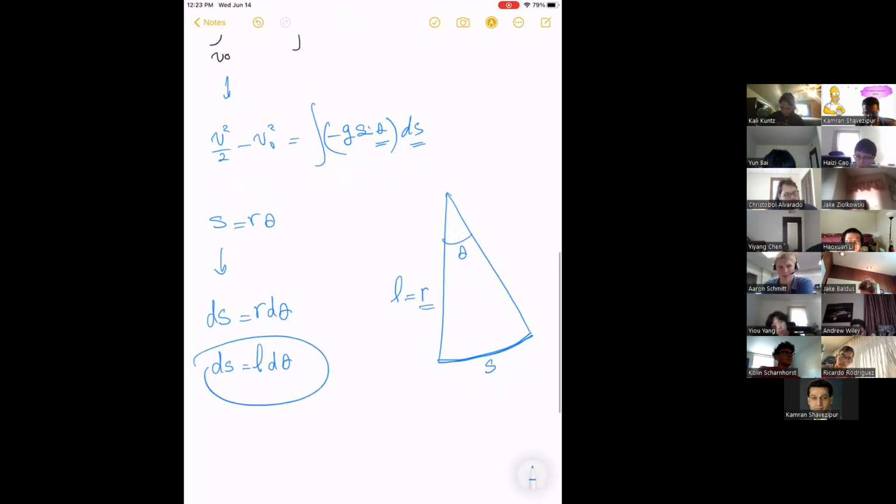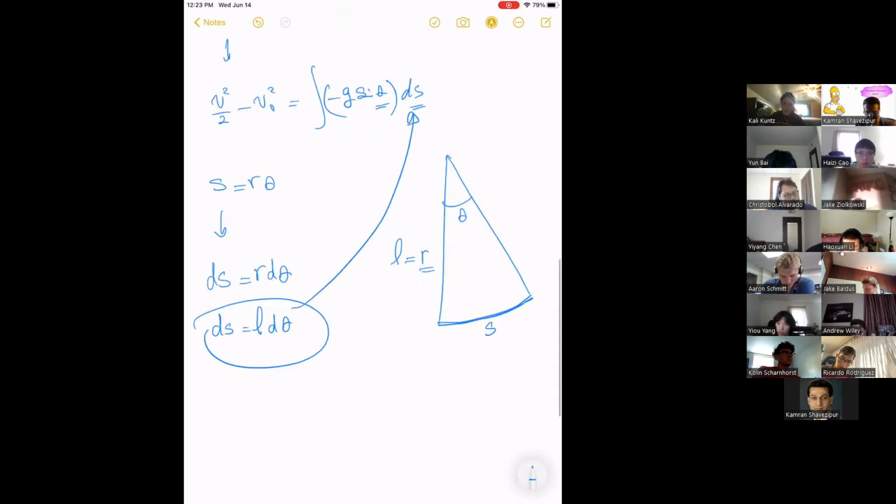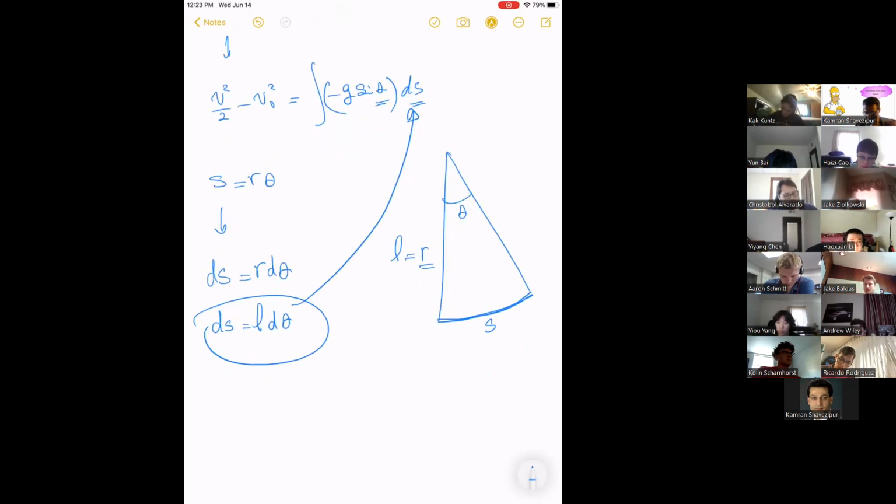I'm going to substitute this ds here, okay? And my integral becomes simpler. So v squared by 2 minus v0 squared by 2 equals integration of minus g sine theta L d theta.